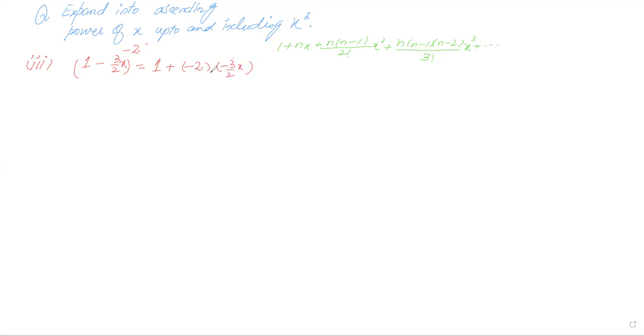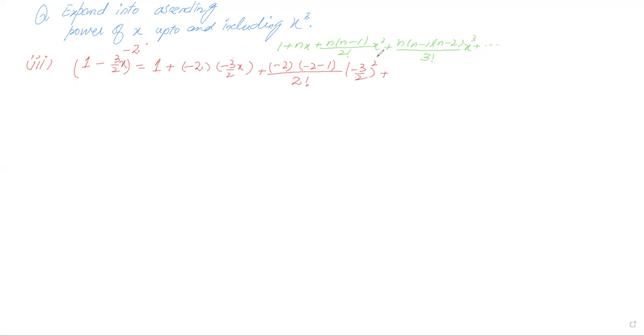So 1 plus nx plus, n means minus 2, then you have to write minus 2 into minus 2 minus 1 divided by 2 factorial, into the square of the second term, that is minus 3 by 2 whole square.